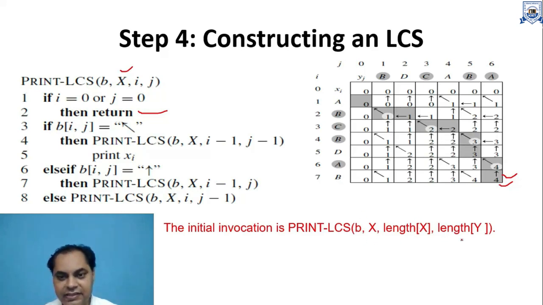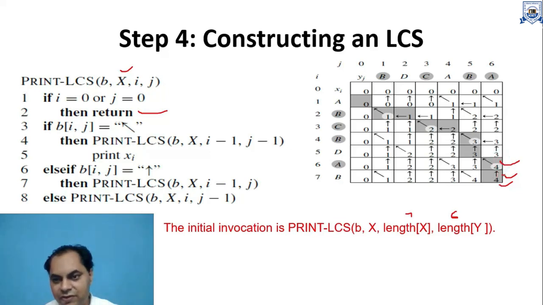Okay. So for the initial call, it is B, X, 7, 6. And for the first call, if b[i][j] is this arrow, this is not this arrow, because this is a vertical arrow, but this is diagonal. So else if b[i][j] is this vertical arrow, then we have to call print LCS(b, X, i minus 1, j), that means 6 6. So you are following the direction of the arrow.